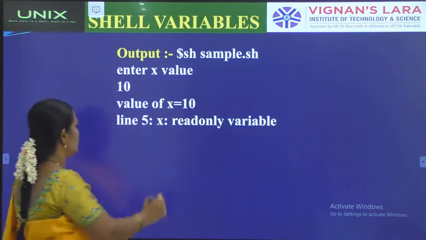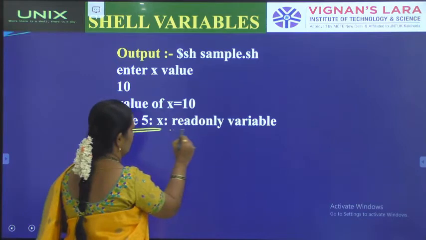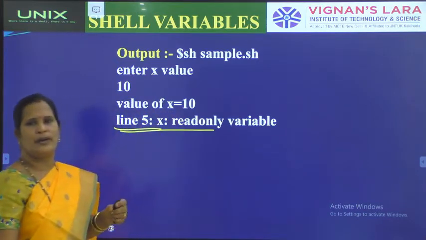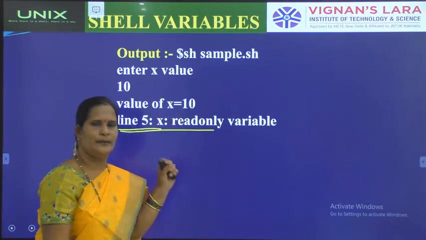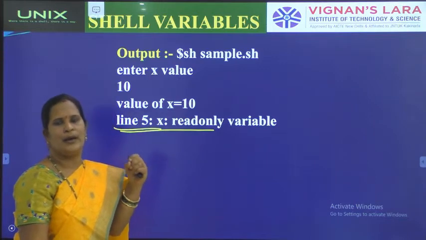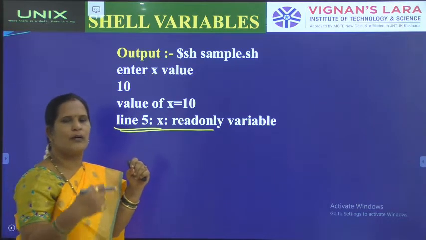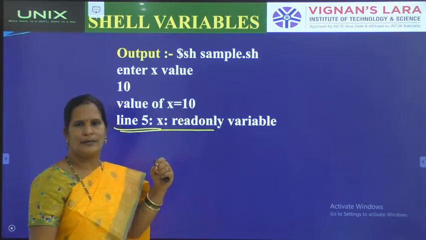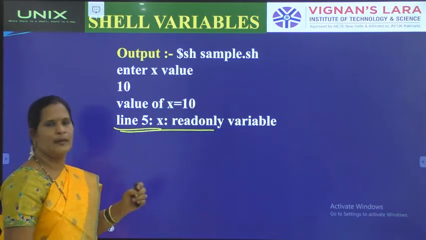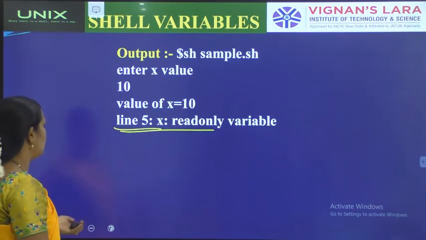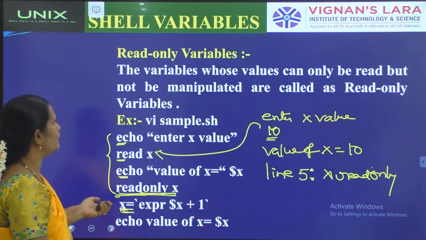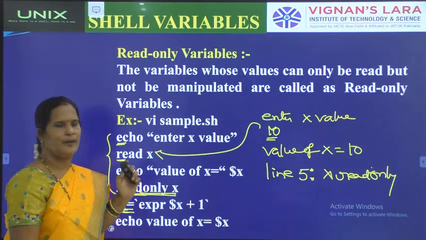Whereas in the fifth line, it will show the error like this. Line 5, x is a read only variable, means we cannot modify the value of that variable, means we can't increment or decrement the value of x variable. This is about the third type, that is read only variable.